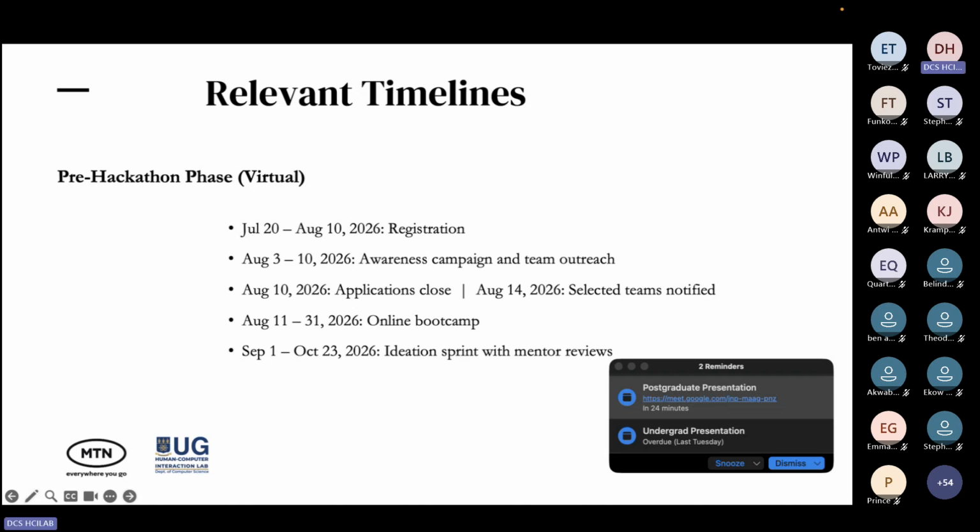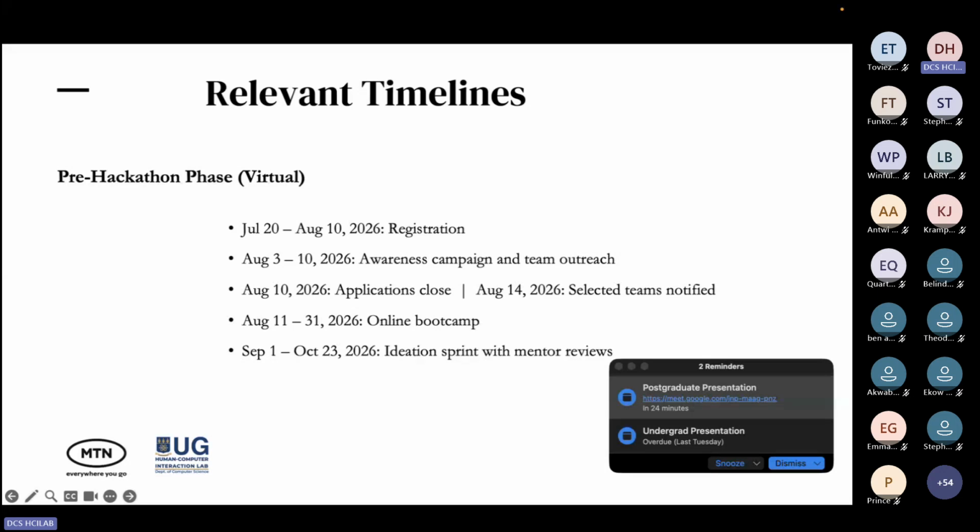So at the end of the online boot camp, only teams who meet the expectations of the judges or the mentors would make it over to the next phase, which is the ideation sprints and mentor reviews.